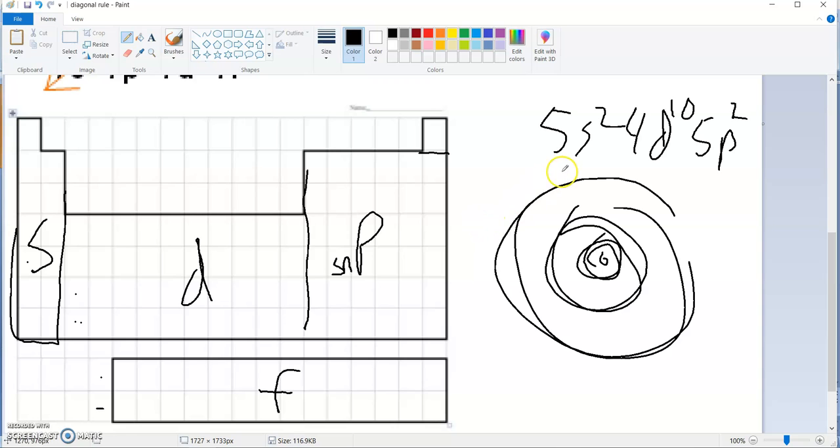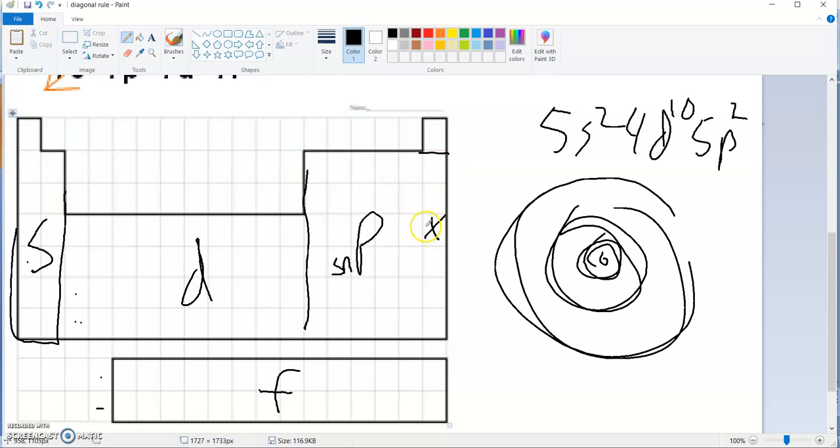But now, we can't just say that's the whole configuration, because what happened to 1s2, 2s2, 2p6, and all that? Well, what we do is we shorten it up by saying, okay, everything before this. Well, what element is before that? That noble gas right there. What noble gas is that? Helium, neon, argon, krypton, right?